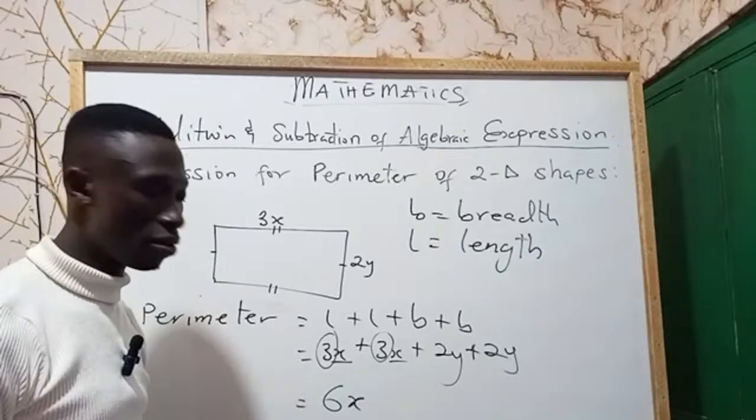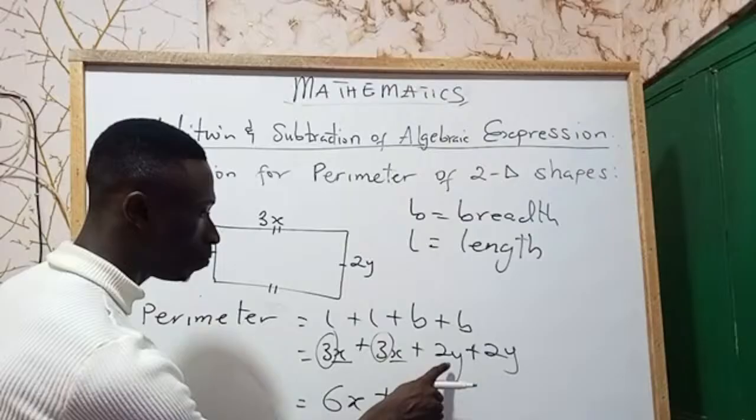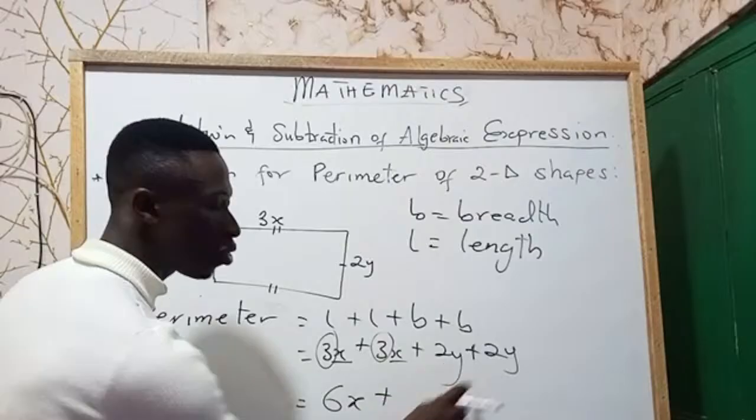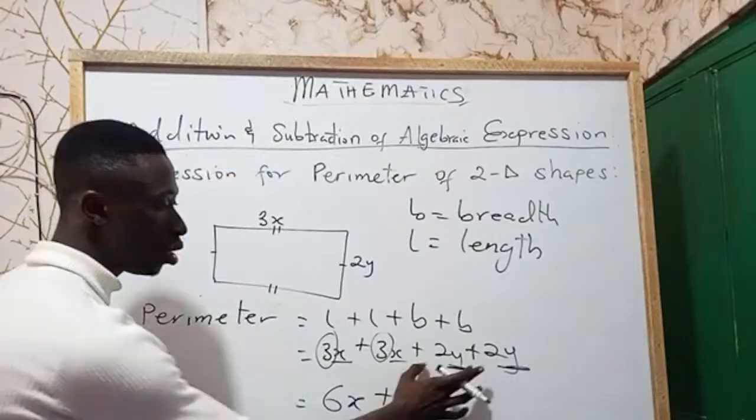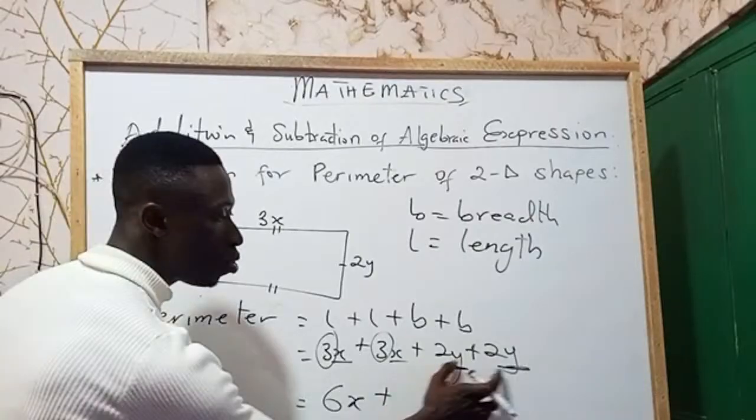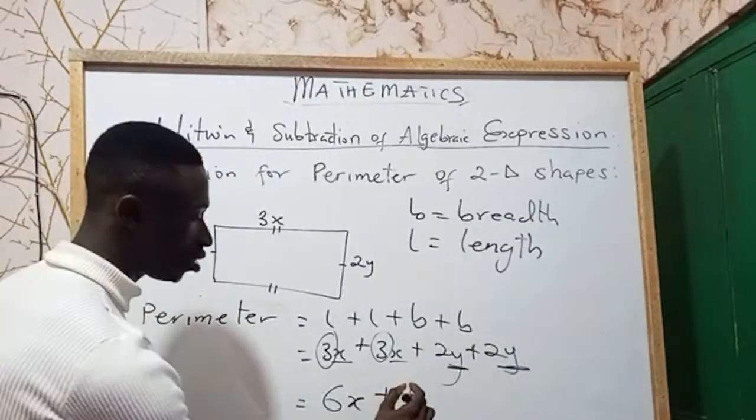Now plus 2y plus 2y. The y and y are the same variables, like apples and apples, so I can put them together, which is 4y. This is your final answer.